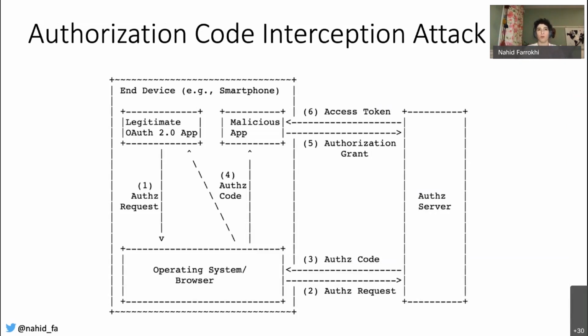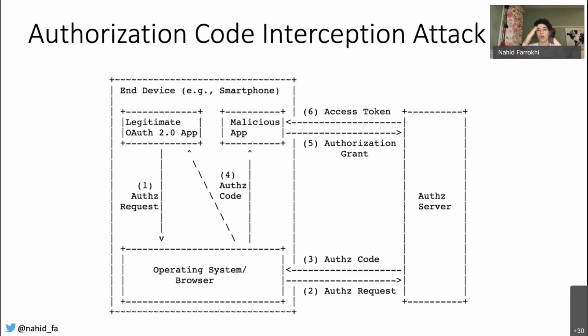On smartphones, just imagine I have an app and then I have a malicious app, right? This malicious app just registers itself under the same redirect URL. Correct. And then when the authorization code is back, the operating system browser might return to the malicious app or to the legitimate app, right?